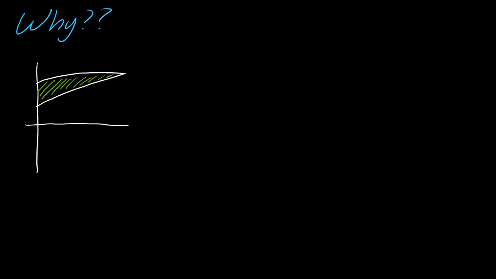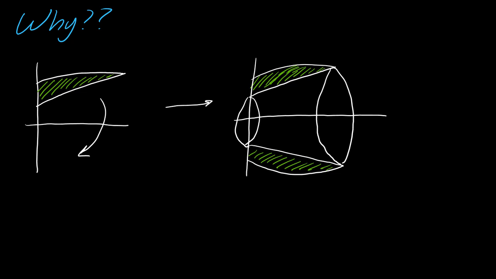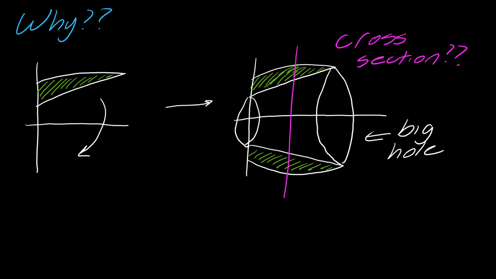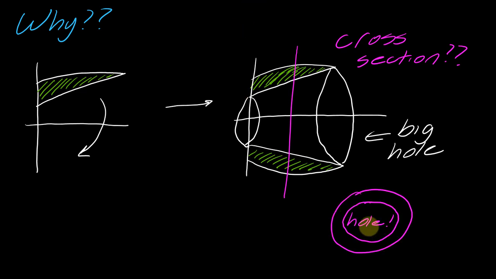Again, why is that the case? If I were to rotate this region about the x-axis, now I have a big hole, because the solid is going to create this big hole. What does the cross section look like in this case? If I take this little slice, there's my hole. I have this outer circle and this inner circle.